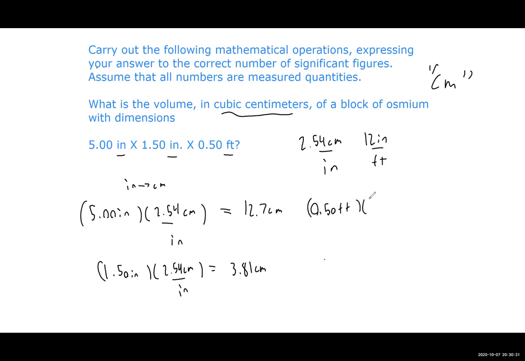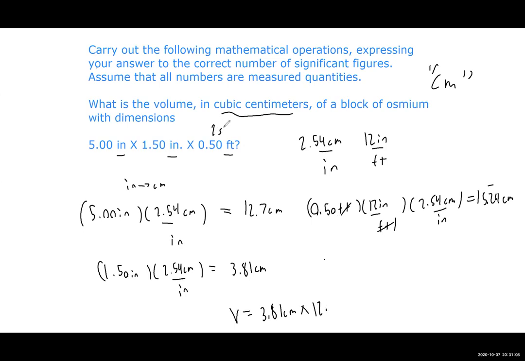For 0.50 feet, we know that there are 12 inches in a foot and that there are 2.54 centimeters per inch. That in turn gives us 15.24 centimeters. So now that we have each of these lengths converted, we can calculate our volume by multiplying our length, width, and height.